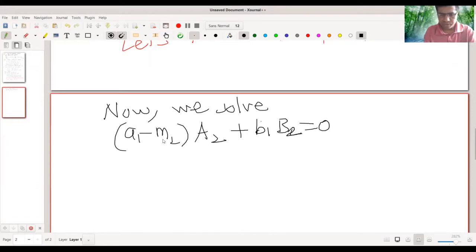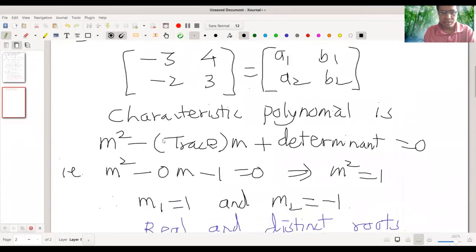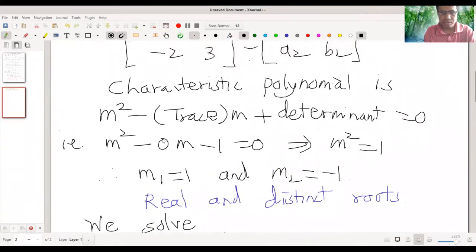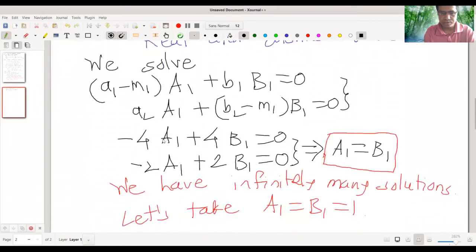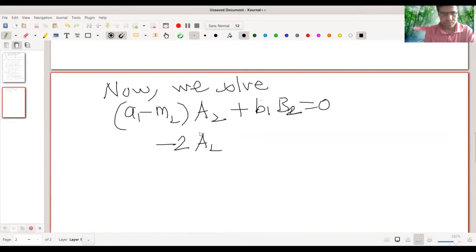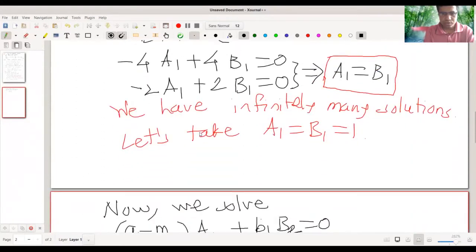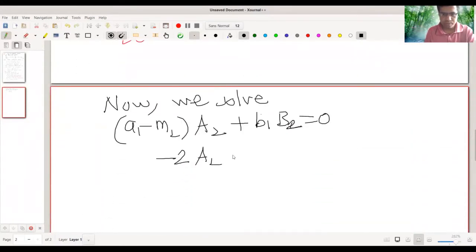Now A1 minus M2 is minus 3 plus 1, that is minus 2, times A2, and B1 is 4, so plus 4 B2 equal to 0.